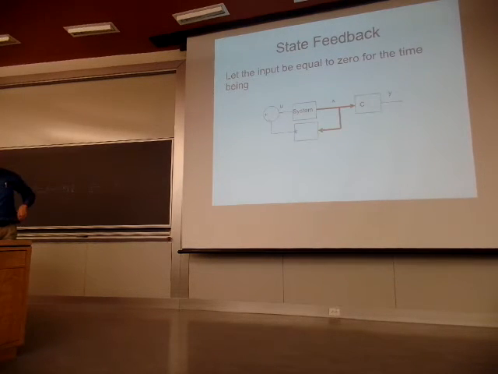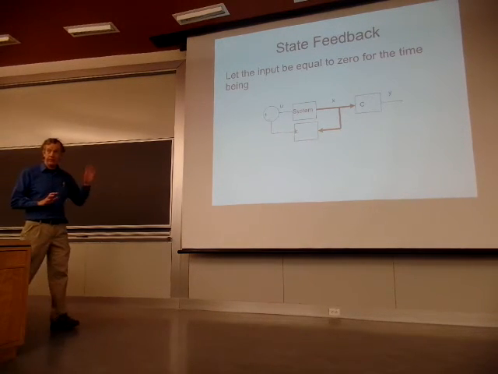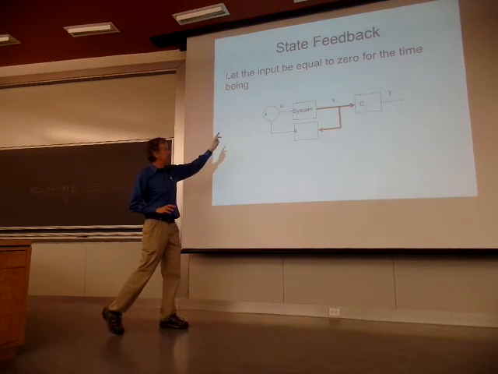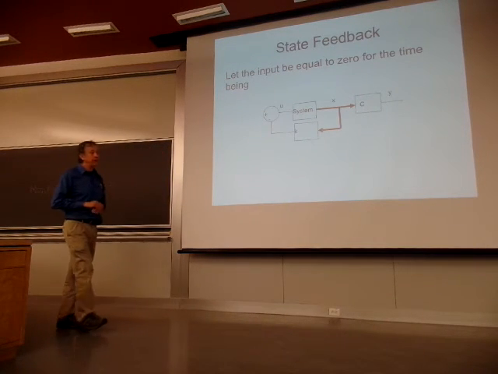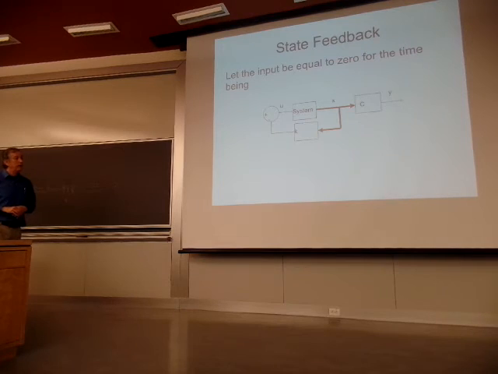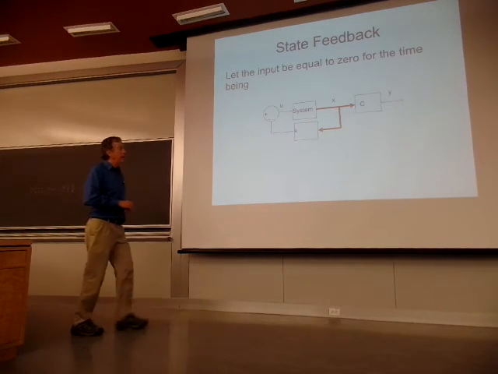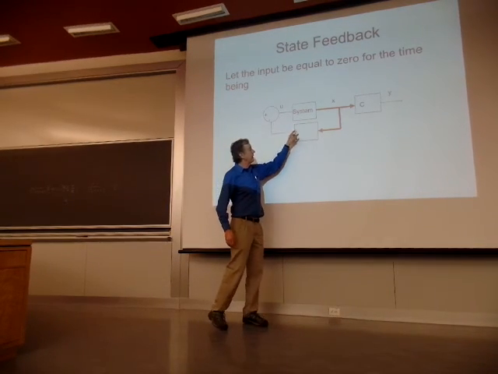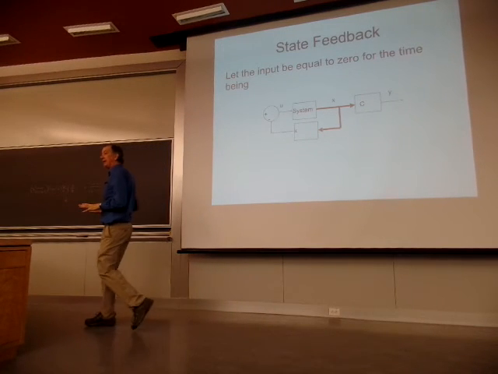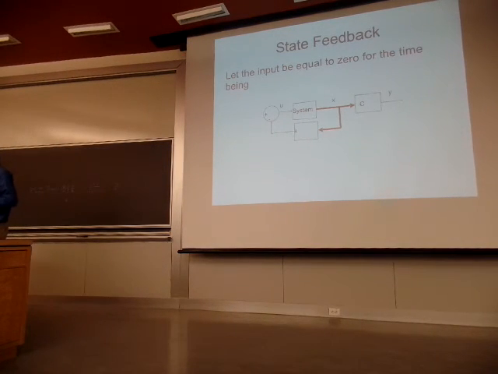That's the principle. Now, right off, we're going to let the input be 0. We'll see how to handle different types of inputs later, but for designing the system, let's look at the input being 0 for the moment. This controller is basically going to be a set of constant gains.